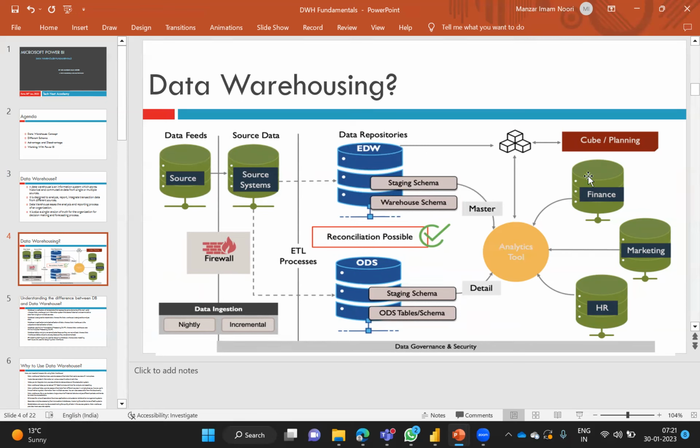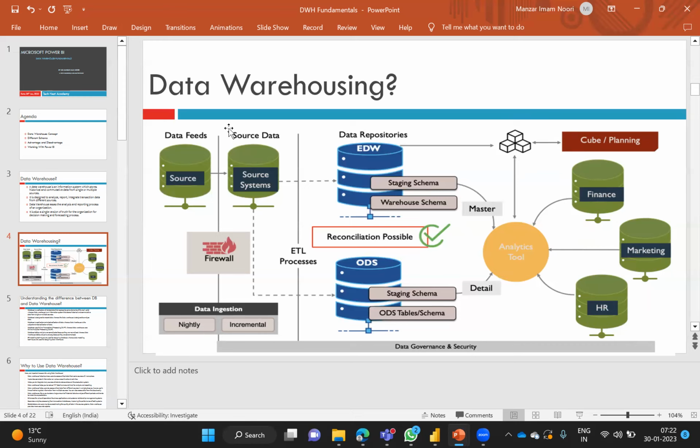It may be Cognos, Power BI, QlikView, Tableau, or any tool, right? And you can see that for different business areas, like HR, marketing, finance, you can do your analysis, and you also have cubes.